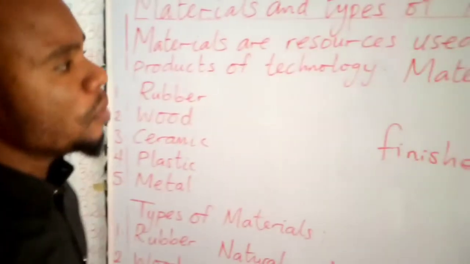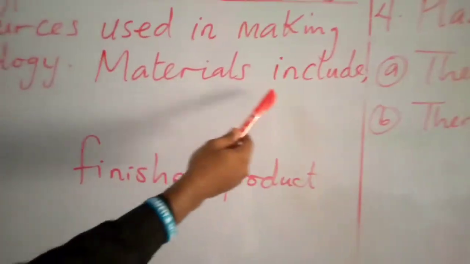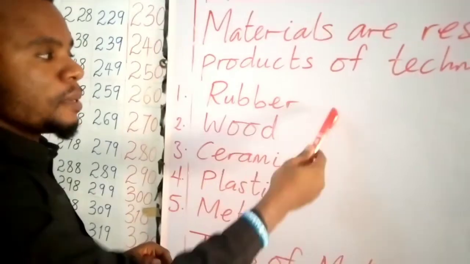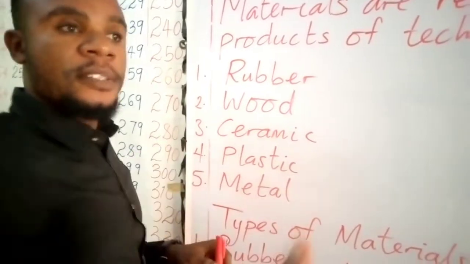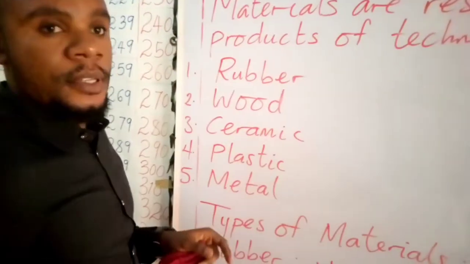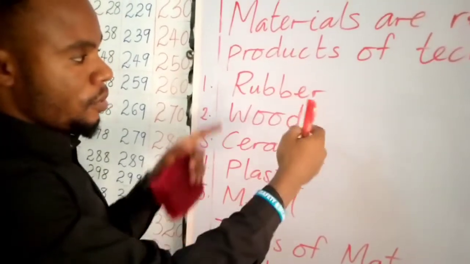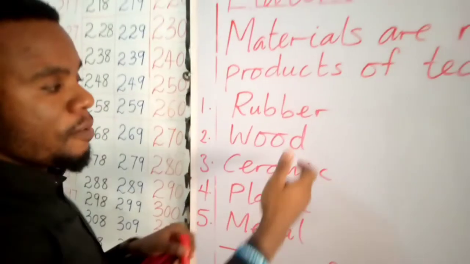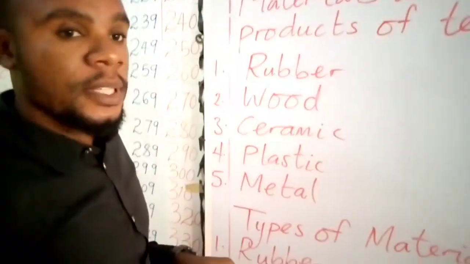Now we'll be looking at some of these materials. Materials include rubber. You find rubber, maybe your dad's car, the tire of his car is manufactured from rubber. We have wood, like wooden chairs or wooden cabinets.